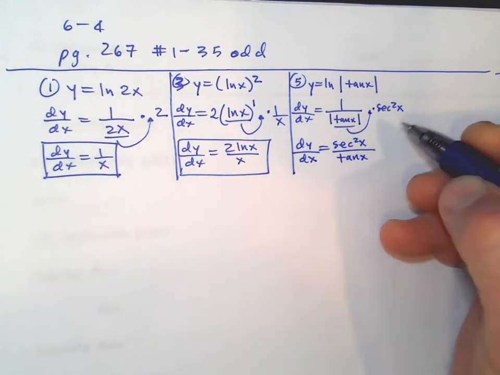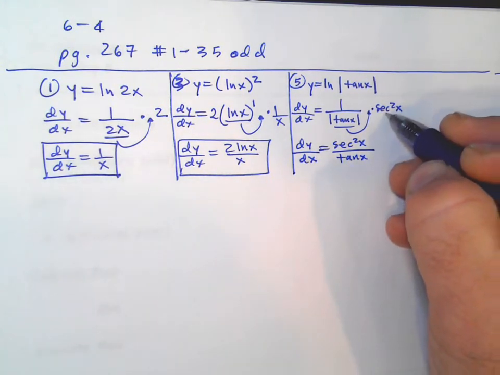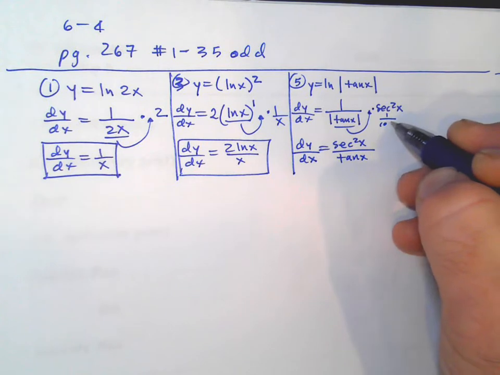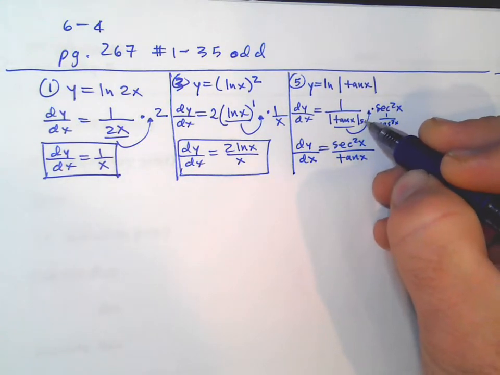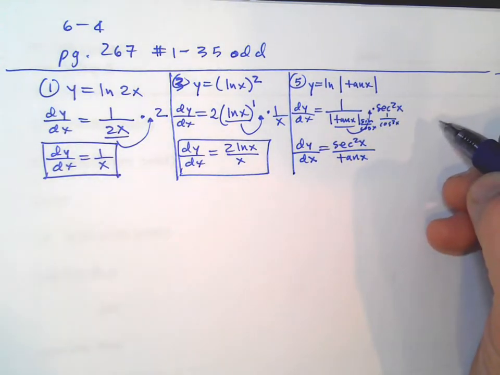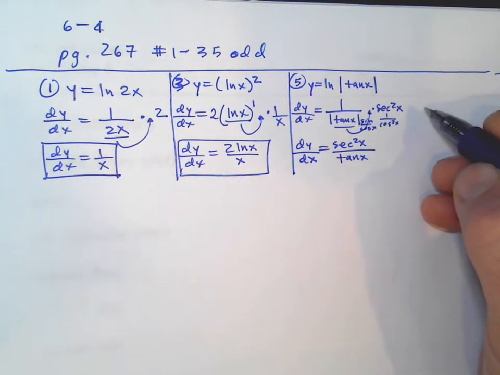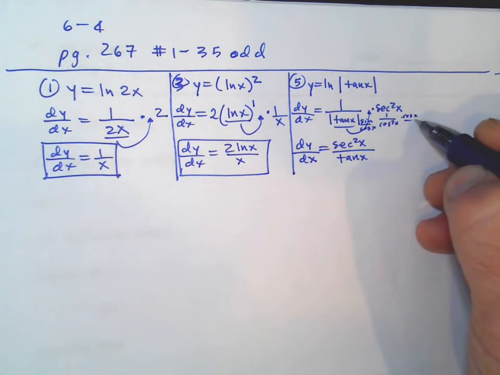Now, we could maybe try and simplify this. Secant is 1 over cosine squared x, and then tangent is sine over cosine. So we could flip it because we're dividing by a fraction.